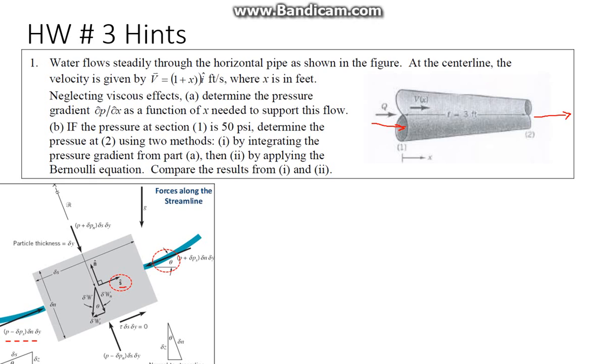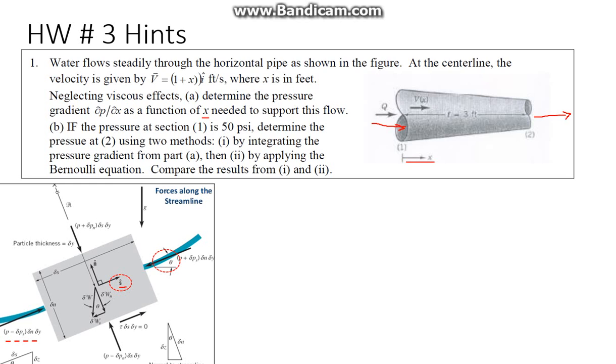We have S, the tangential part of the streamline, and we have the normal part. In this case, S is pretty much the same as X. So we can align our coordinate system this way, and we can say that S and X are pretty much the same thing.